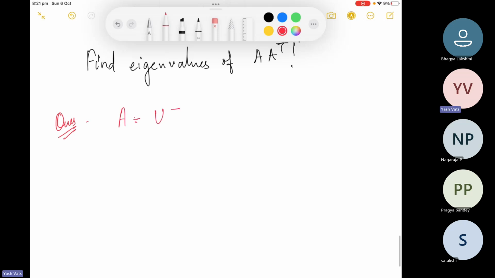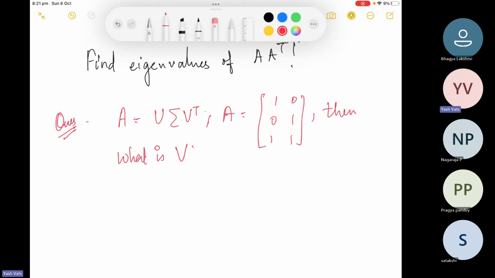Then you have to find what is V in this case, and what is U in this case.